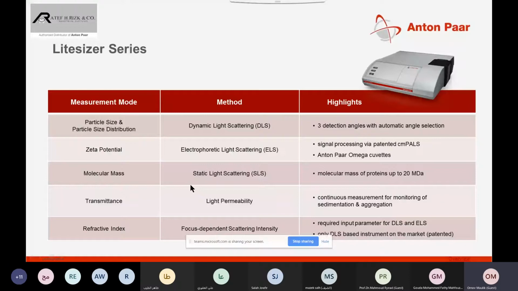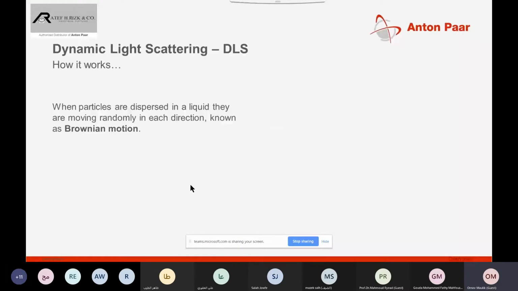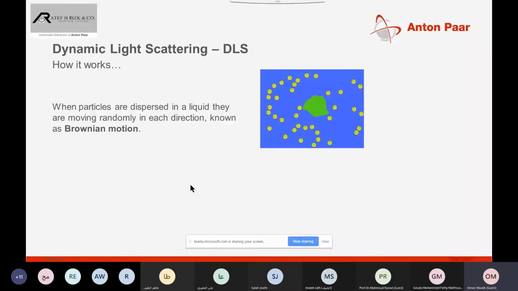So let us quickly come to the particle size measurement, that is dynamic light scattering. Professor Mahmood also has explained how we are principally measuring sub-nanometer or nanometer size particles. It is through the Brownian motion, which you can see on your screen.